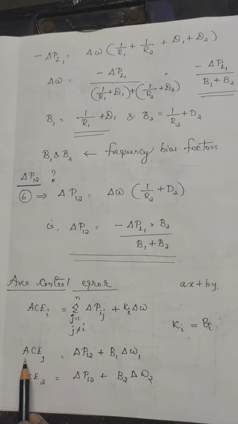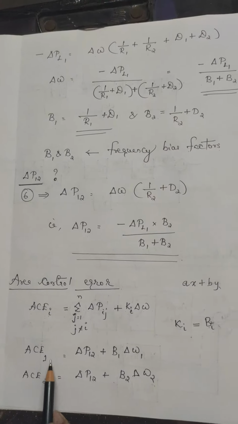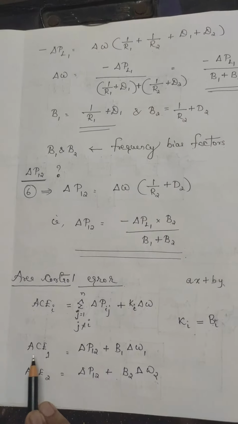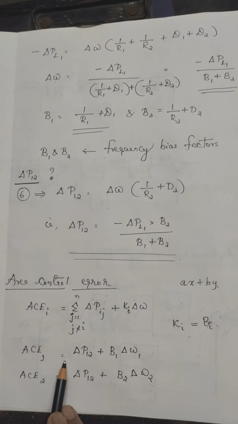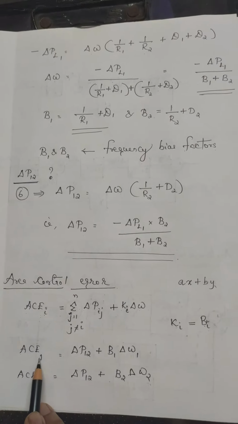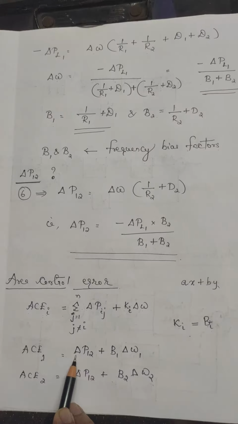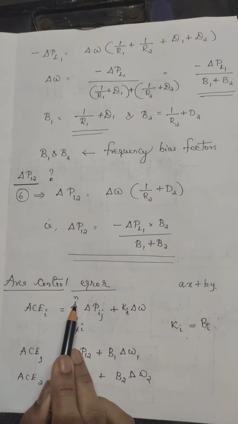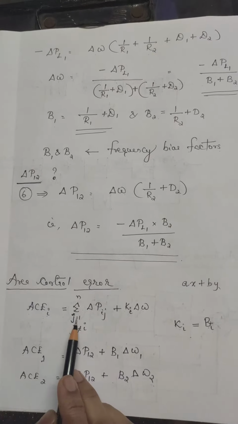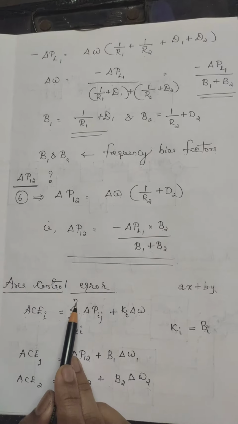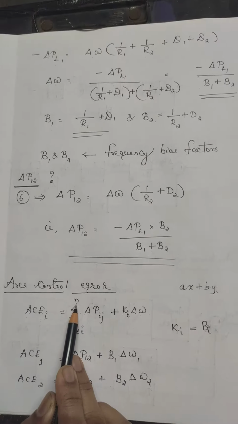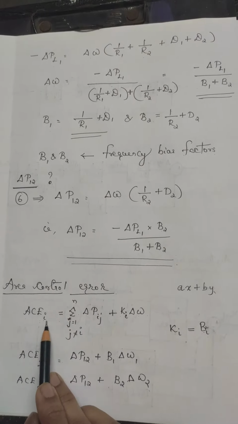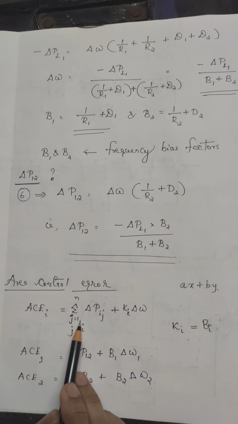So now, if we are considering a double area system, area control error for area 1 can be written as, i is 1, area control error 1 is equal to summation j is equal to 1 to n. So we are considering a double area system, so n is 2. So j is equal to 1 to 2, or i is 1 here and j not equal to i. So we cannot consider j is equal to 1.